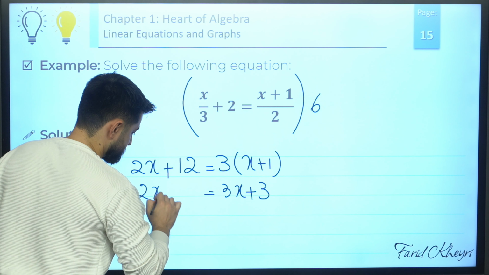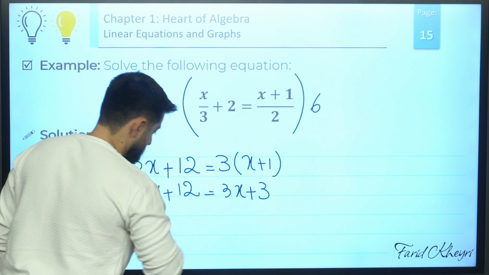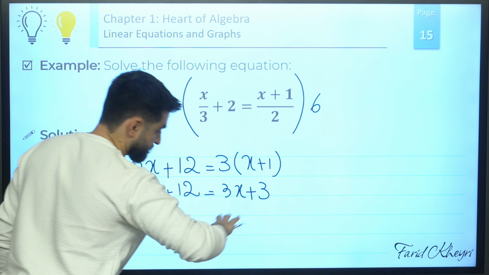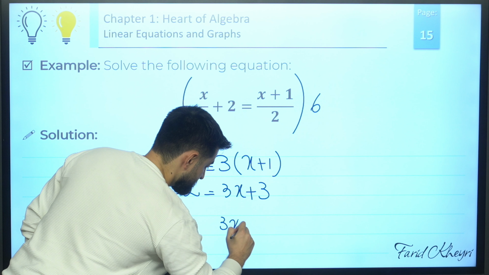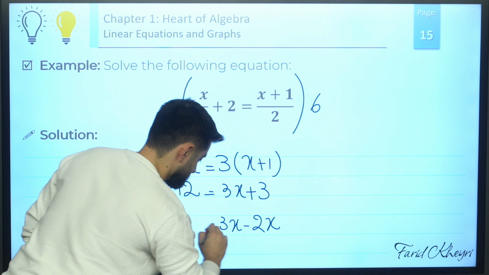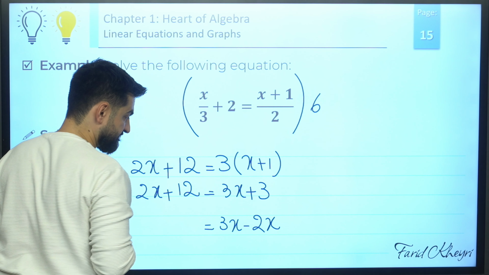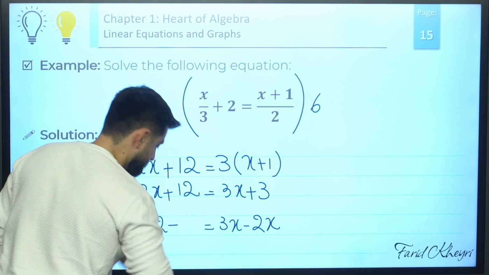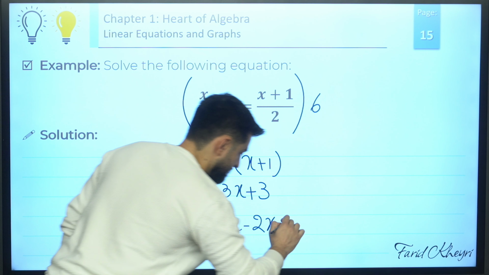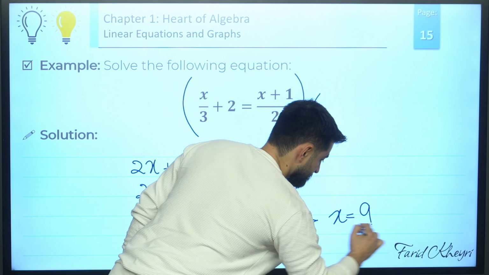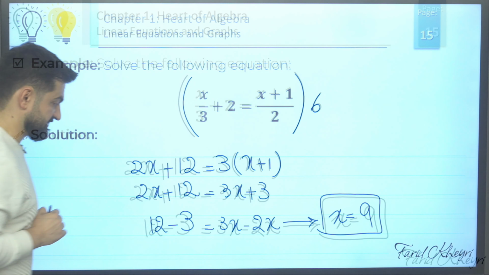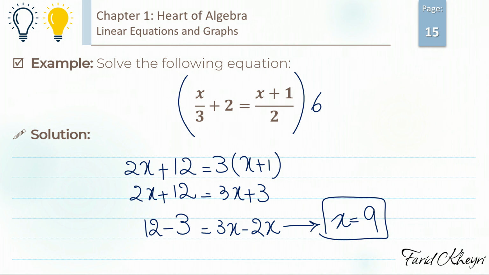Here is 2x plus 12. If we bring this 2x to the right-hand side, it will be 3x minus 2x. And this 3 to the left-hand side will be 12 minus 3. And finally, x will be 9. Let's take a look at the solution.